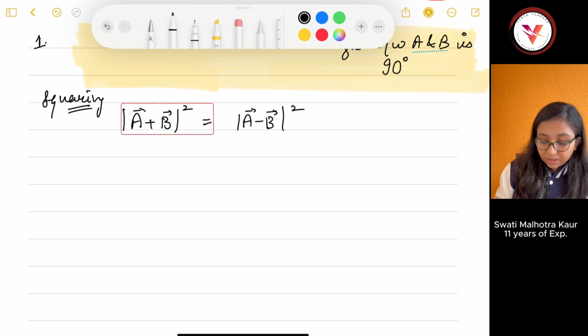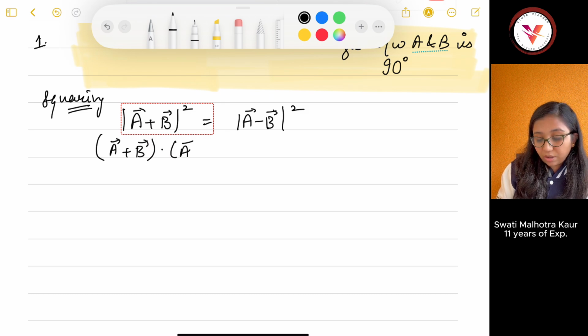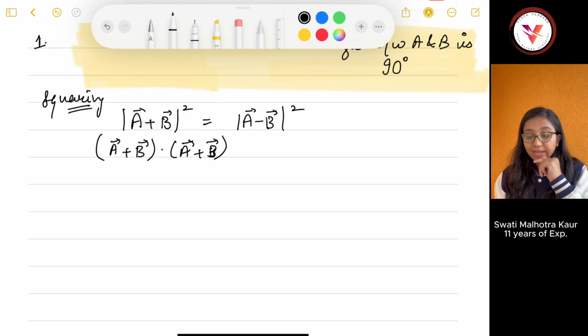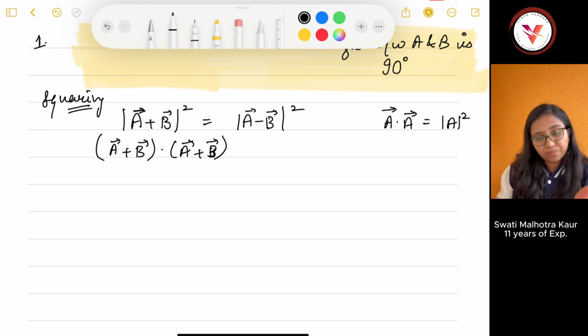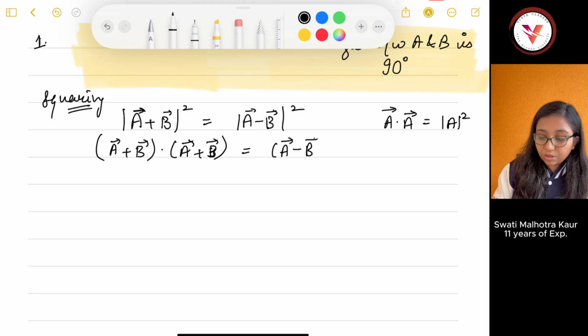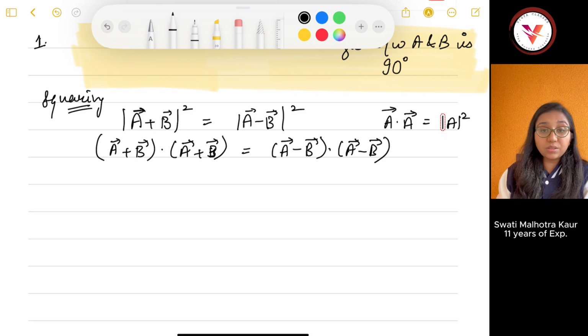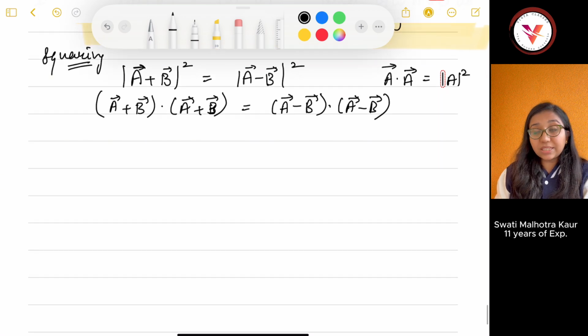So this basically becomes (A plus B) dot product (A plus B), because we have already discussed in our last video that A dot A, if both the vectors are the same, is simply the magnitude squared. So A plus B has a dot product with A plus B, then A minus B has a dot product with A minus B. And then you can use the distributive property here. It is distributive, we're going to learn that.